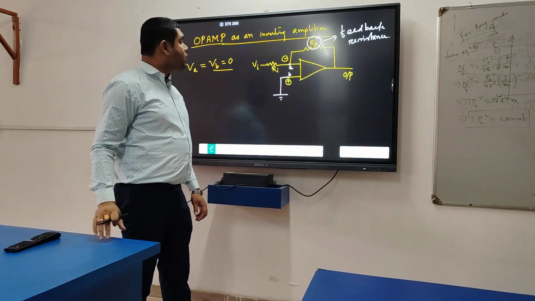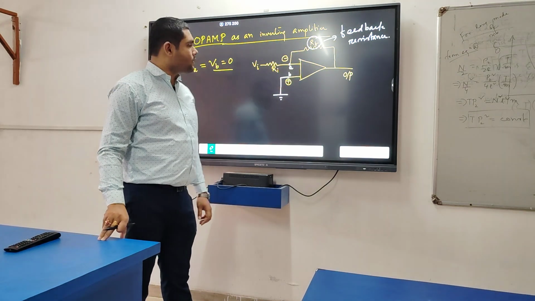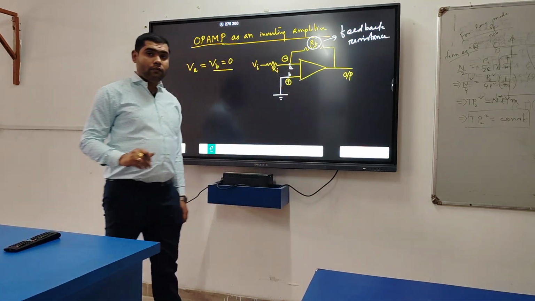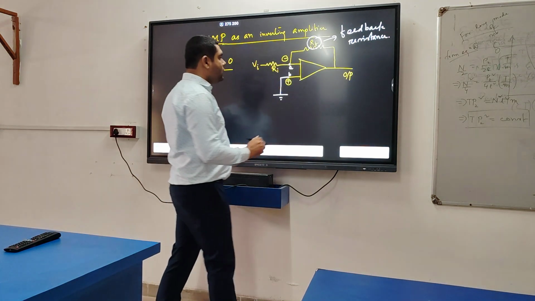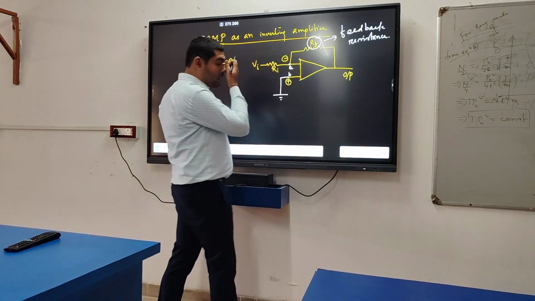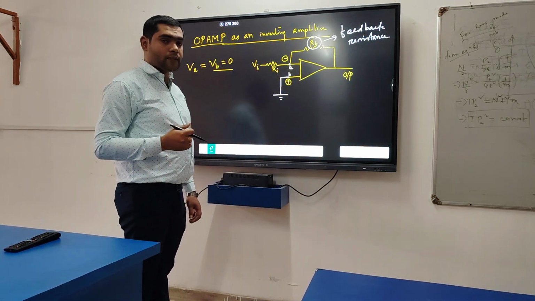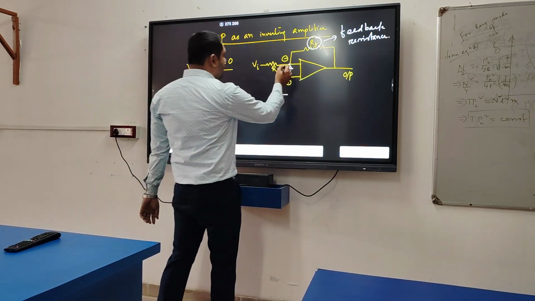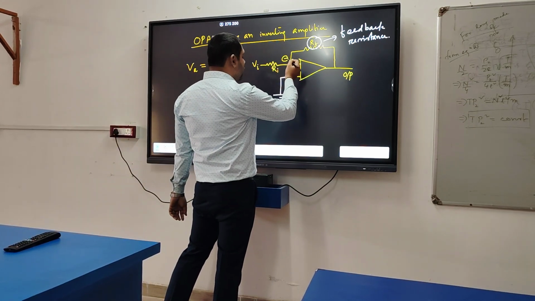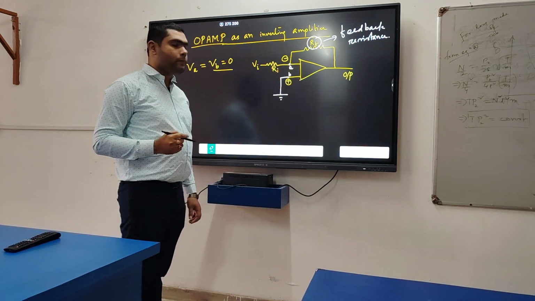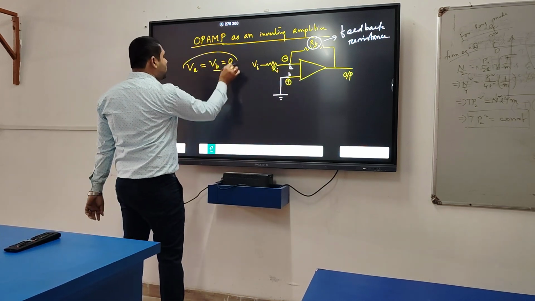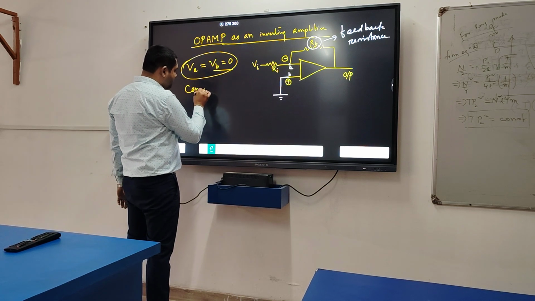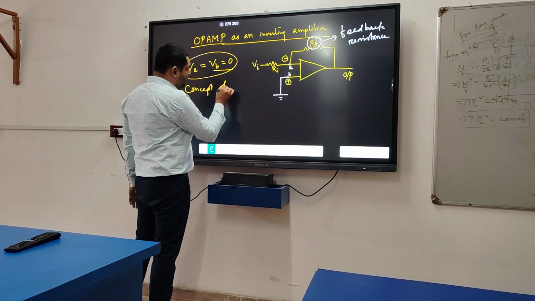Because there is almost infinite resistance between the two input terminals. As there is infinite resistance between the two terminals, there is no practical current between them, and hence the potential at A is almost equal to the potential at B. This concept is called the concept of virtual ground.